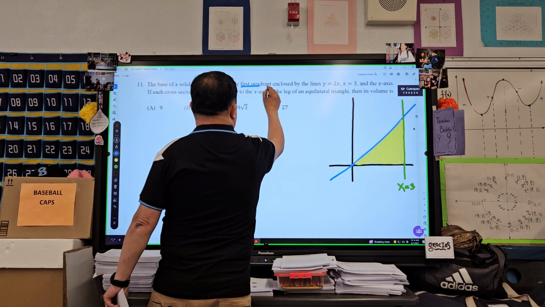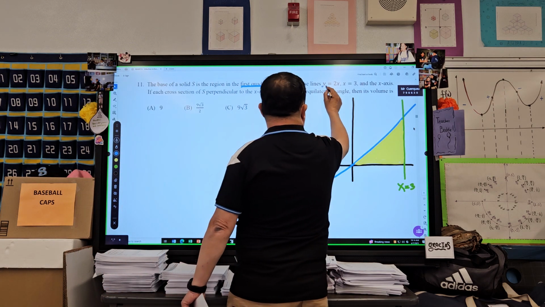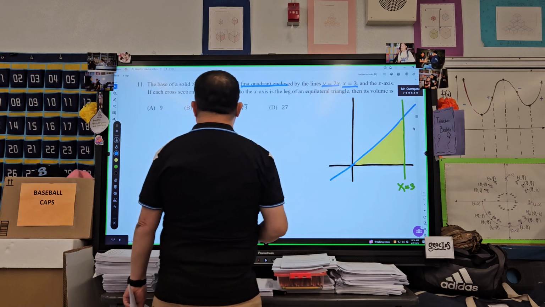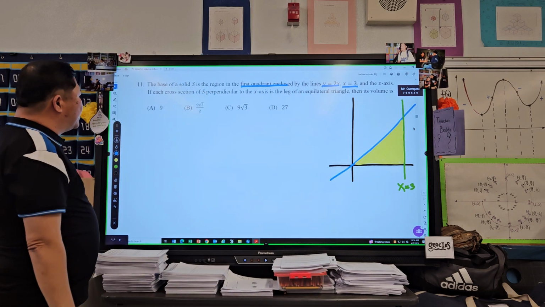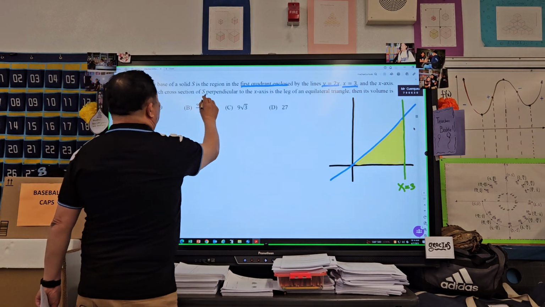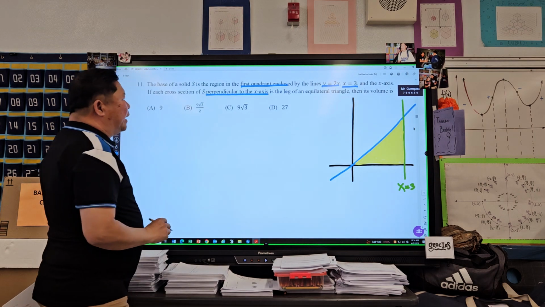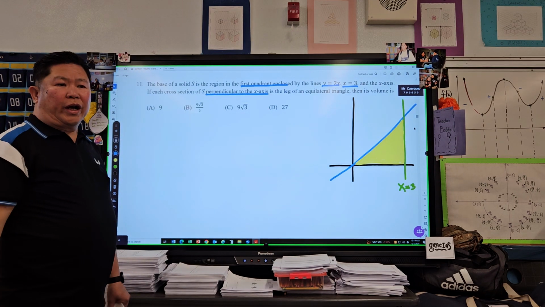So first quadrant enclosed by the lines, this and this, and the x-axis, if its cross-section is perpendicular to the x-axis, is an equilateral triangle.